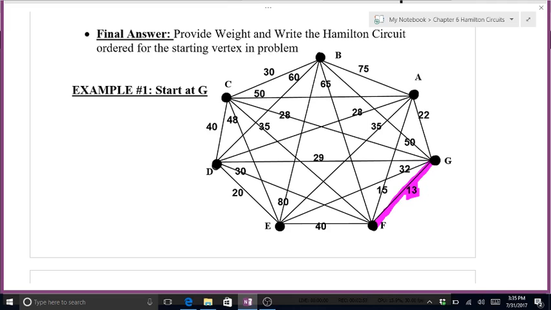It looks like it's going to be 15 here. I always like to highlight the line as well as the number so I can visually see what's going on here. Our next smallest number looks like it's this number that connects D to E right here, the 20.